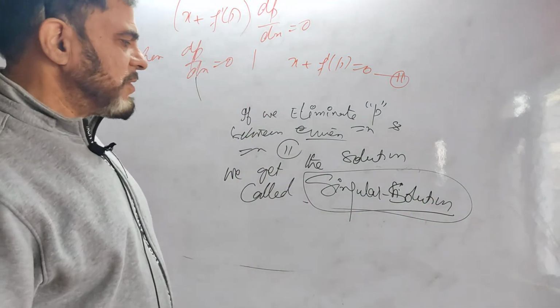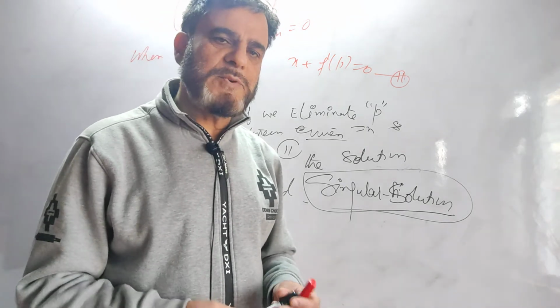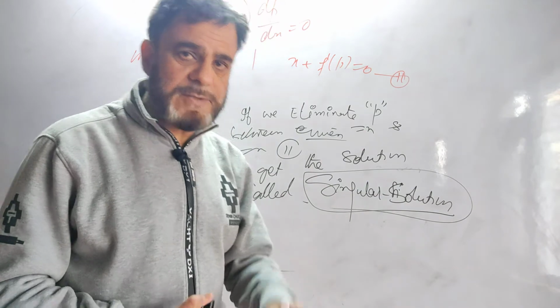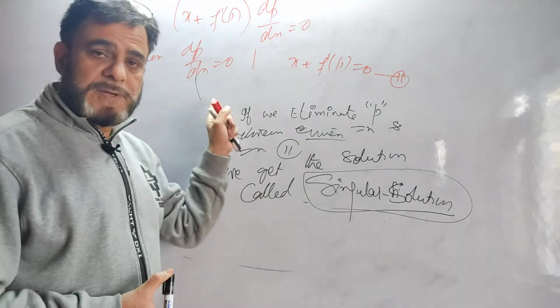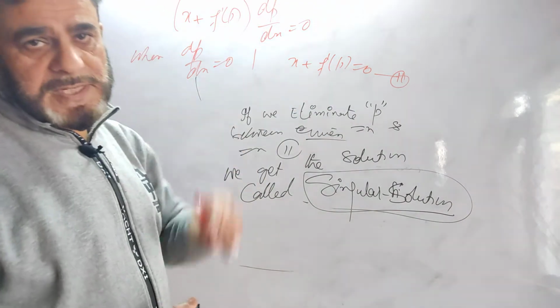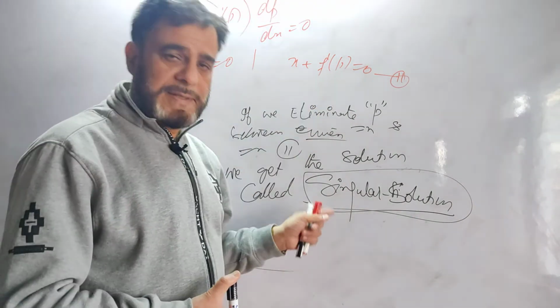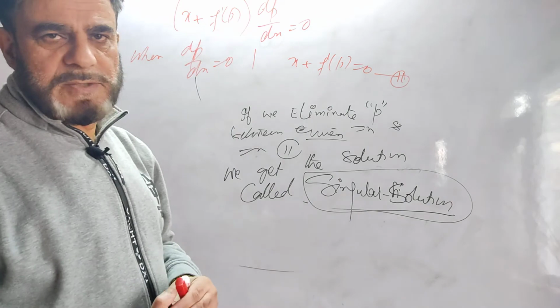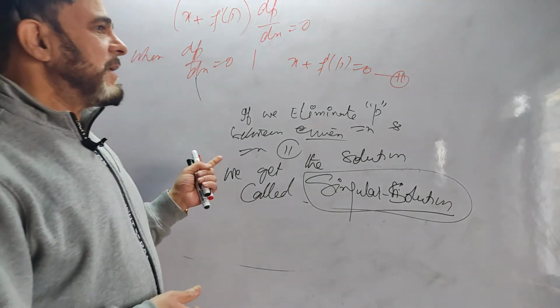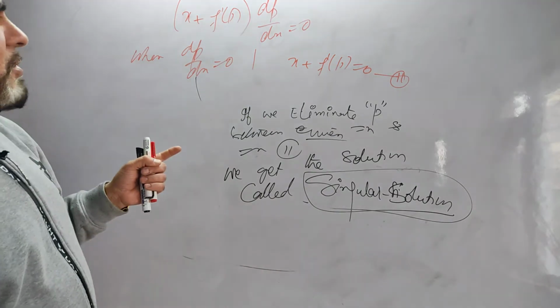It is a particular solution known as the singular solution if you form the p from that factor which does not involve the derivative. Here you found out p from that factor which involves the derivative. Here p from that factor which does not involve the derivative. The solution will be called the singular solution. That is it. This is what we mean by this Clairaut differential equation and its solution.